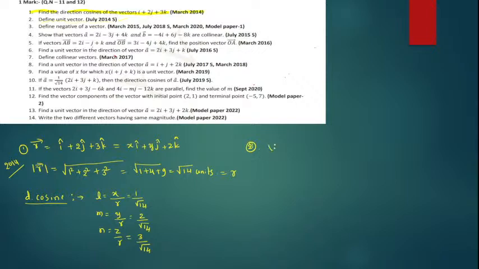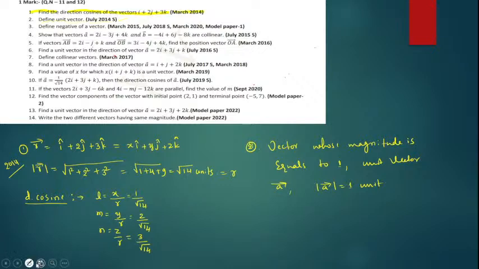A vector whose magnitude is equal to 1 is called a unit vector. That's it. If A is a given vector, then its magnitude |A| is simply equal to 1 unit. This is the condition for a unit vector.